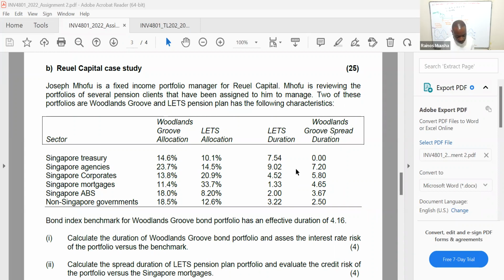And at the same time, they give us the duration and the spread duration of these investments as well. So for part one of the calculation, they say calculate the duration of the bond portfolio and assess the interest rate risk of this portfolio versus the benchmark as well.